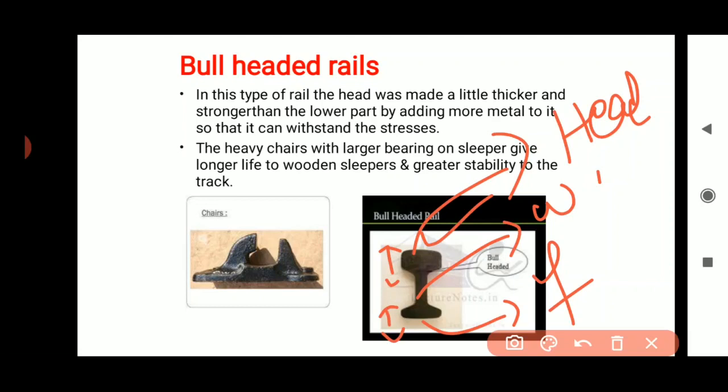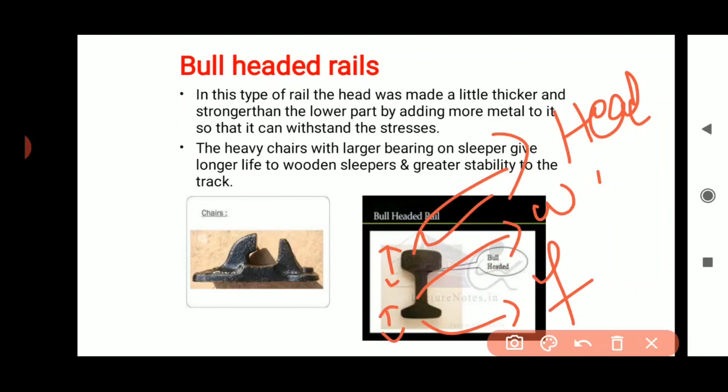But the bull-headed rails were joined to the sleepers with the help of chairs and keys. So to join the bull-headed rails to the sleeper, the chairs and keys were required.